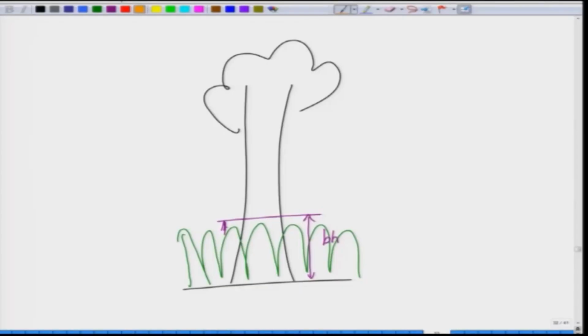Whereas, in the case of a tape, you will have to move around this tree with its diameter, and in this case you have to go through a lot more of the undergrowth as compared to when you are taking the measurement with the calipers.